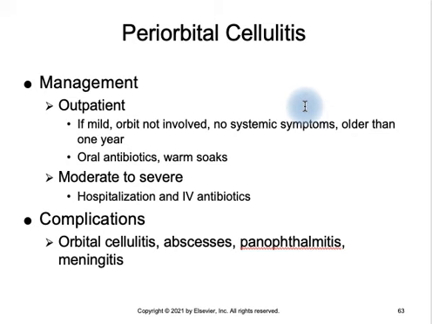However, with moderate to severe periorbital cellulitis, you do need to admit them because they will need IV antibiotics to be able to penetrate that bony orbit and get good antibiotic coverage. Just like with sinuses, it's hard to treat those bony orbits. And that's it on these slides for eye disorders.